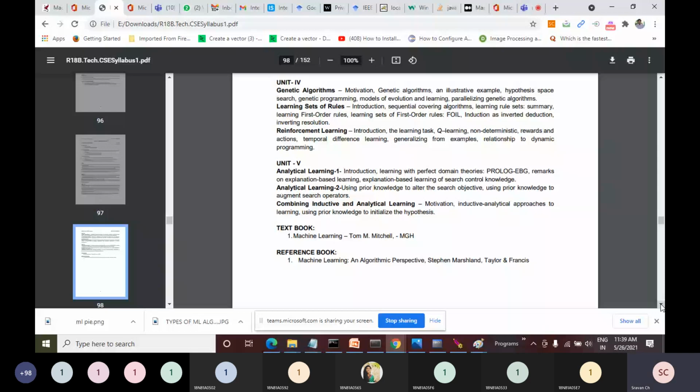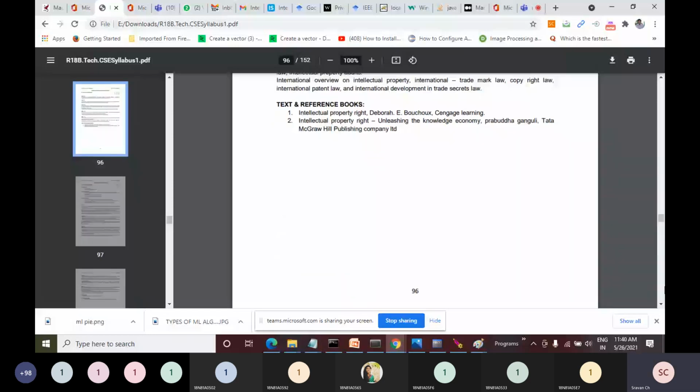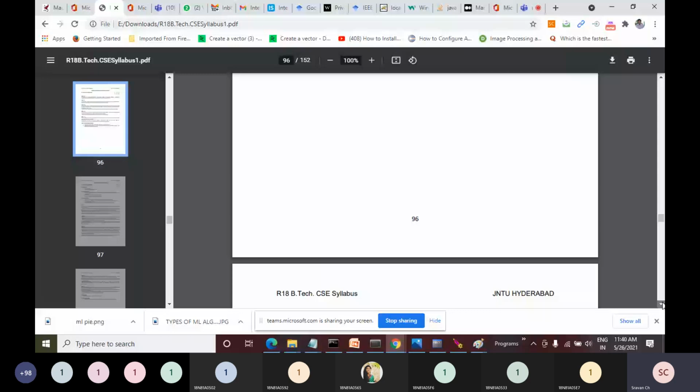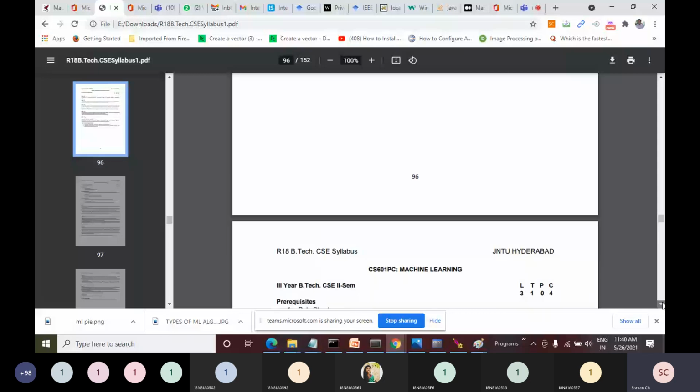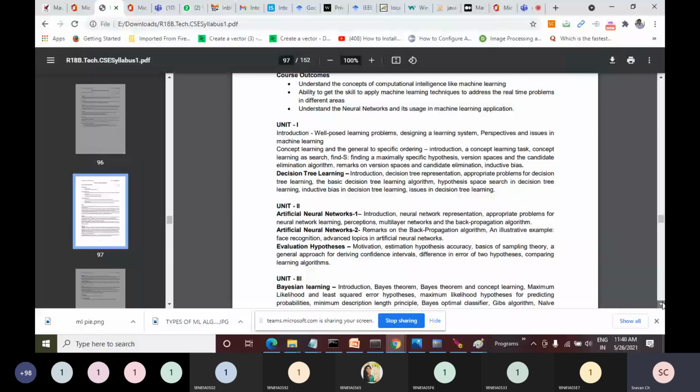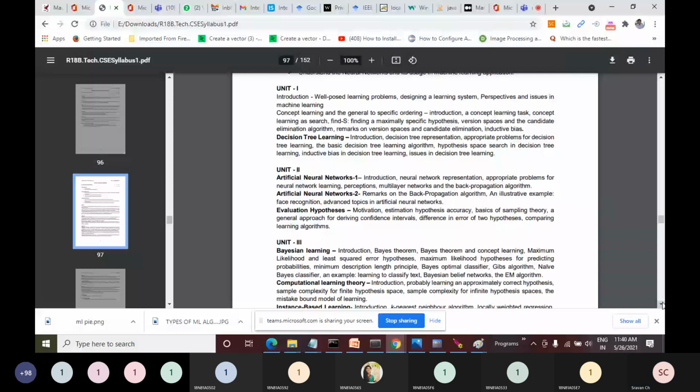Why do we have so many types of learning, and what is each unit all about? To give you a broad picture of machine learning, I have a couple of slides explaining what machine learning is all about. Then we will go to Unit 2, artificial neural networks.